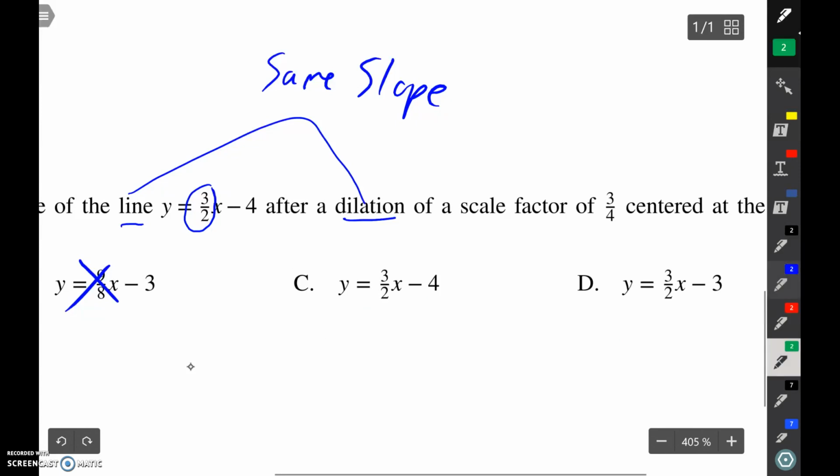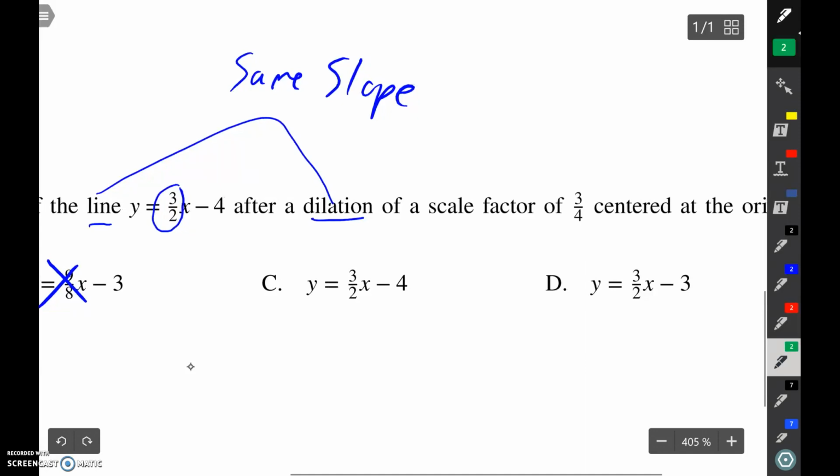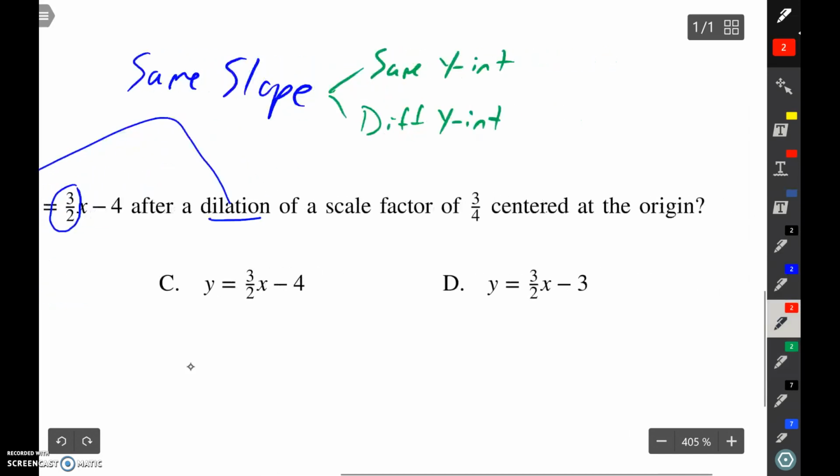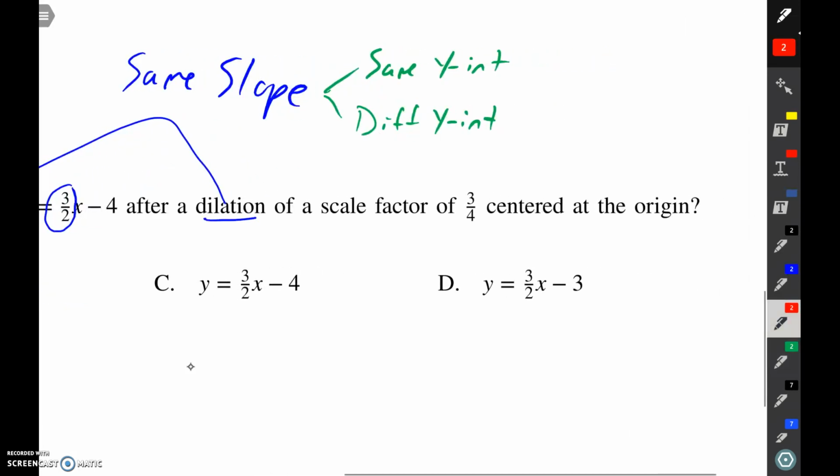Now, the only real question on a problem like this is: is it the same slope and the same y-intercept, or is it the same slope and a different y-intercept? The rule for this, and I'll explain why this happens on this exam, is that anytime they mention it's centered at the origin, you're going to have a different y-intercept.